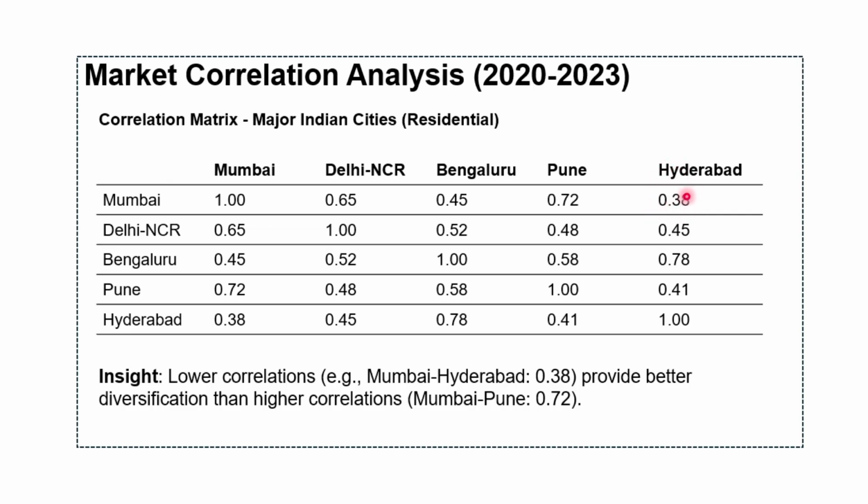There is a disconnect between them, and for a portfolio that is good, because if you are buying a property in Mumbai and another in a city with very high correlation with Mumbai, then there is not much diversification in your portfolio. So this kind of correlation must be seen when investing in different cities. An institutional investor, like a REIT, whose business is owning and operating grade A offices, can actually plan according to these correlation matrices.